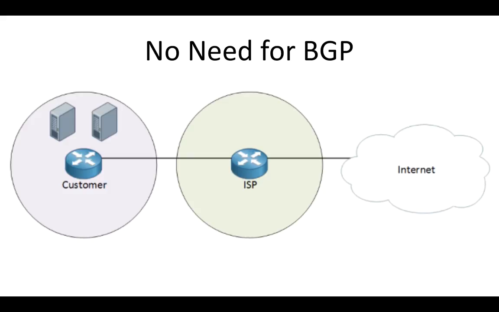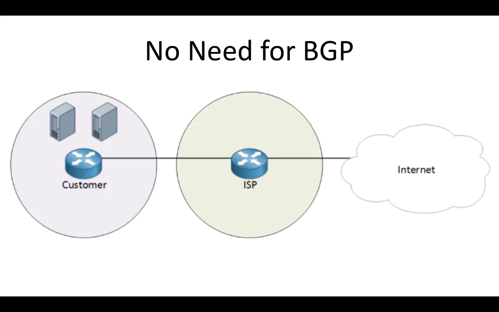But the big point here is that this customer is only connecting to one ISP. At the end of the day, it really doesn't matter where that traffic is going. If it's leaving the customer's network, the only place it can go is that single ISP. So between the customer and the ISP, there really is not a need for a routing protocol. The customer sets up a default route, shoves all of that traffic to the ISP, and then lets the ISP figure out where to send the traffic.